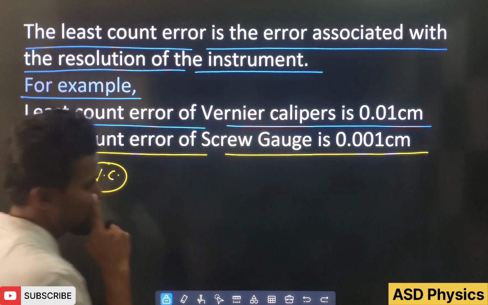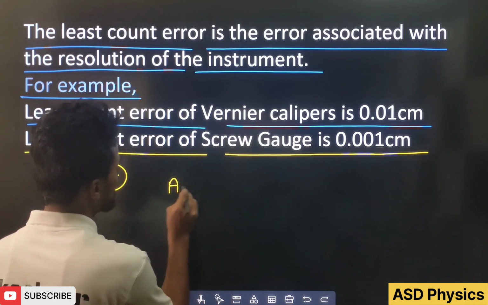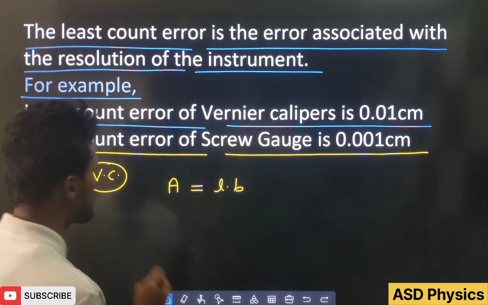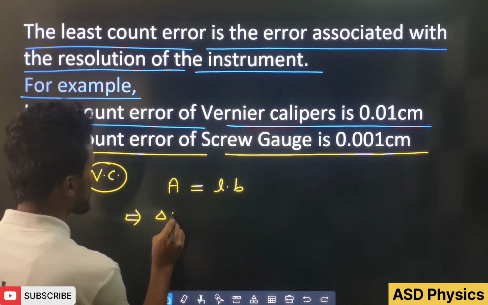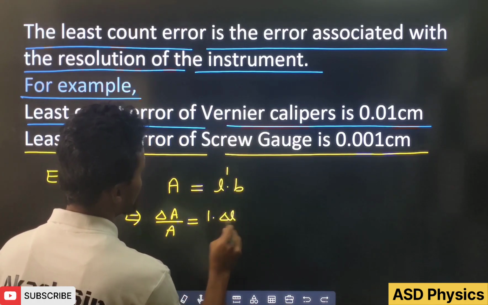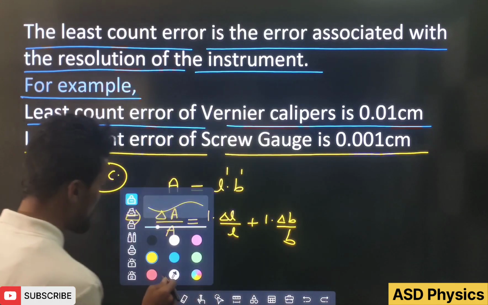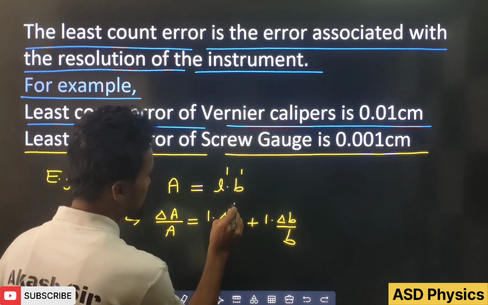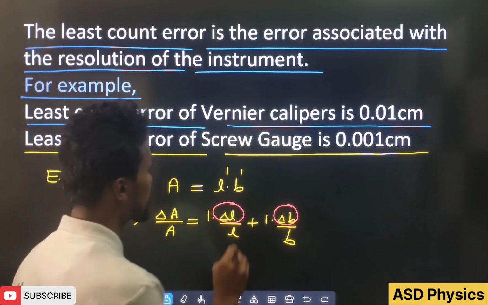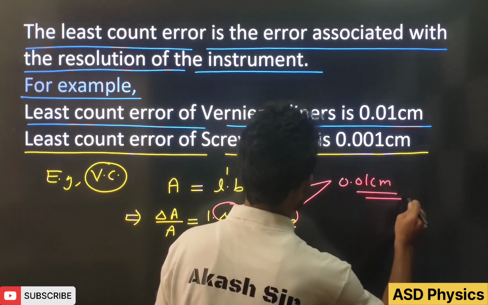Okay, let's take, for example, any reading is taken by vernier calipers. And let's take here, if we are measuring some area, under the combination of the errors we are going to see. So area of the rectangle, how much here? Length into breadth. So when I write here the error expression, it will be delta A by A is equal to L power 1, that means 1 into delta L by L plus 1 into delta B by B. So what I am coming to tell you, students, if in the question nothing is mentioned, and the reading is taken by the vernier calipers, then for delta L and delta B automatically we have to take 0.01 centimeter.